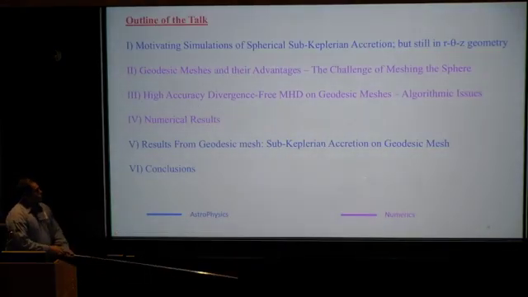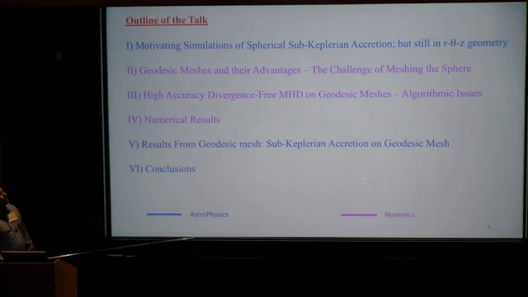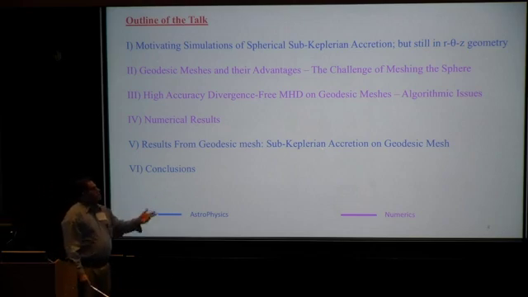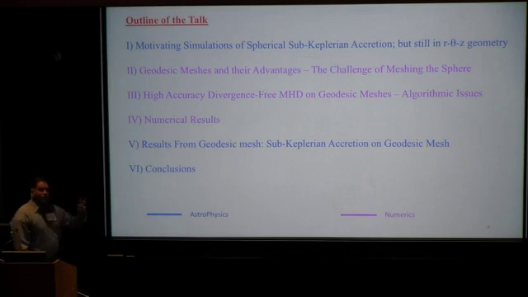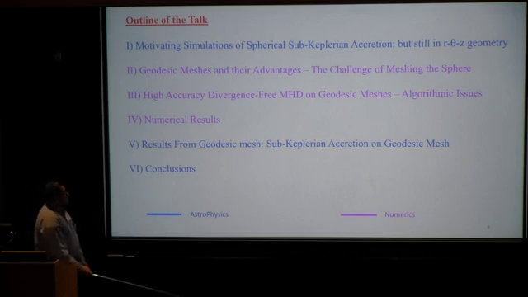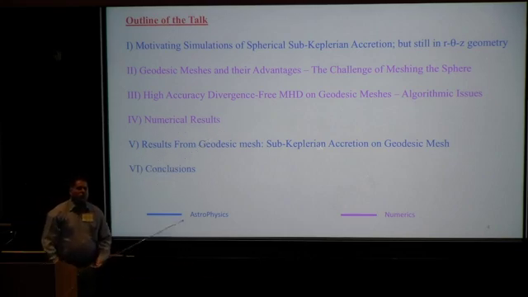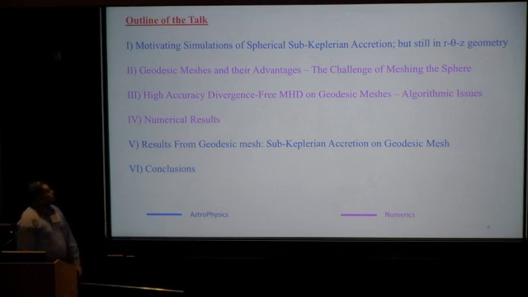I've structured this talk so that mostly it's an astrophysics talk. I'll start with a motivating system, namely sub-Keplerian accretion. But I'll first talk about how we've done this simulation in R theta z geometry, the bad kind of geometry. Then, with your permission, I will sing the praises of geodesic meshes and their advantages, the challenges of meshing the sphere, and how we've overcome those challenges.